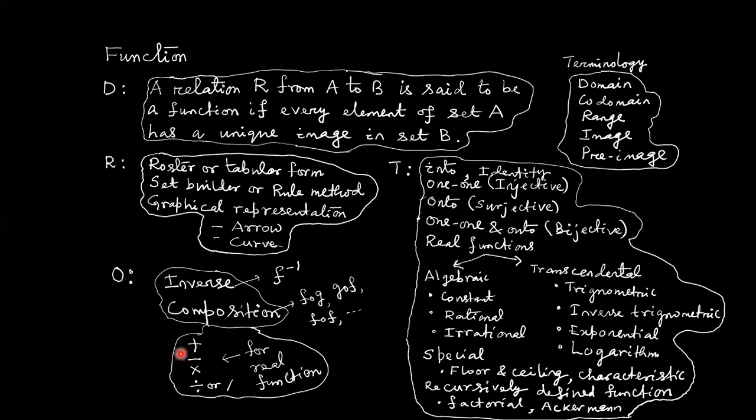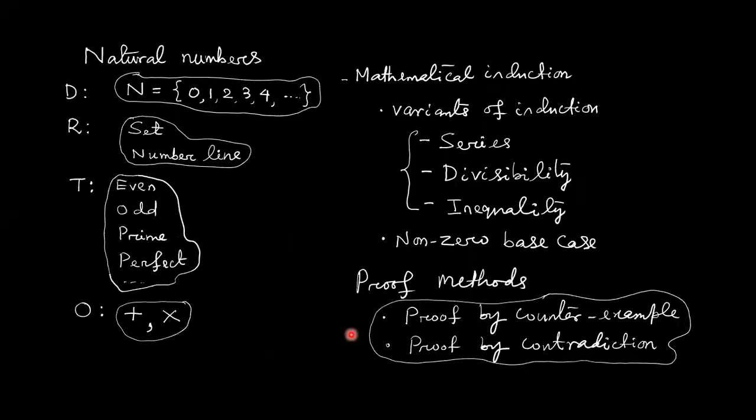And different operations like addition, subtraction, multiplication, division are all allowed for real functions. This is the basic mind map of the function, which we should be aware of and remember.